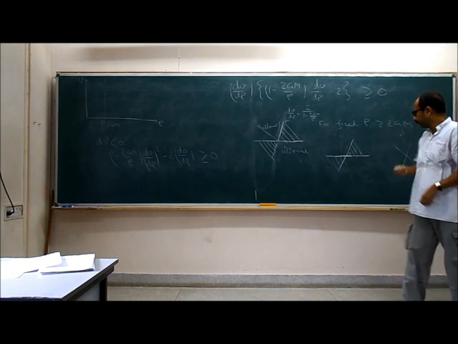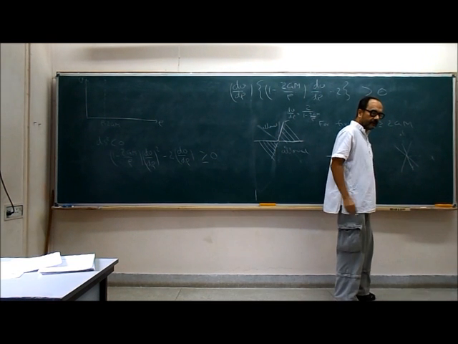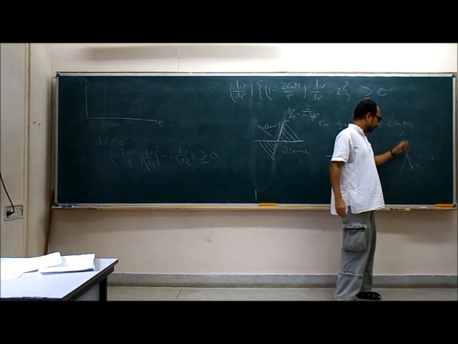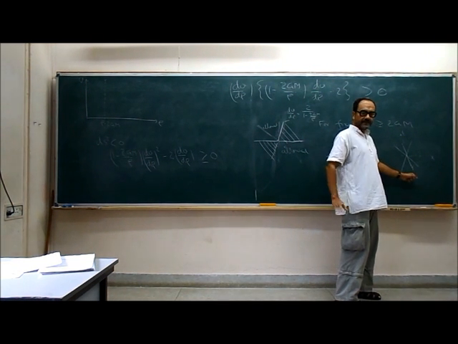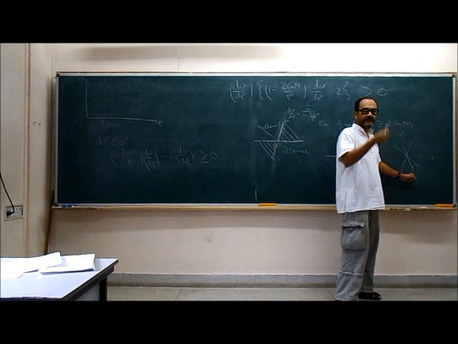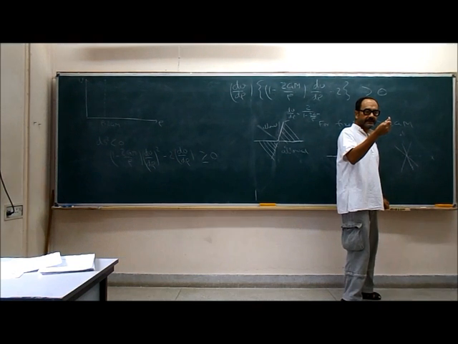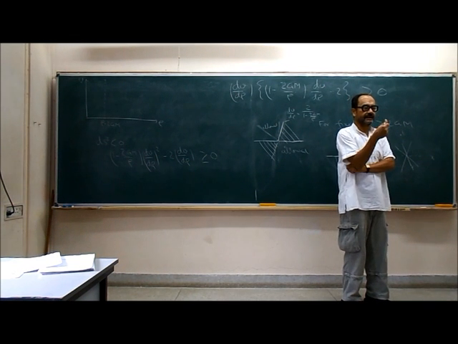Okay? For example, if you say that a particle moves like this, this line does satisfy the constraint that ds² is less than 0. But this is not an allowed trajectory, right? Because we know that time always increases along the trajectory. As the proper time of the particle increases, the coordinate t increases. That's a convention.